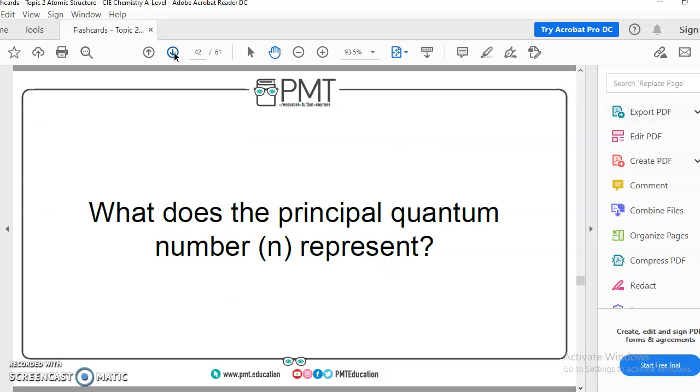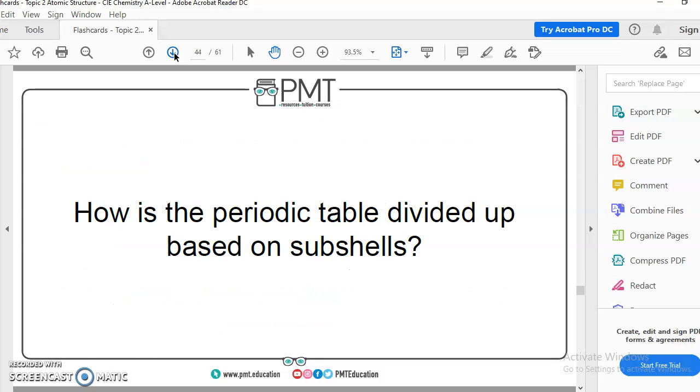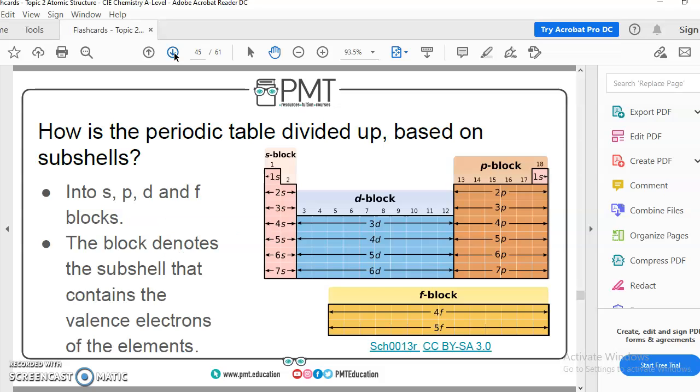The principal quantum number actually tells how many electrons can be held. If the principal quantum number is larger, it is at a higher energy level and further from the nucleus, and vice versa. The periodic table can be divided based on the subshells into 4 major blocks: s block, p block, d block and f block.